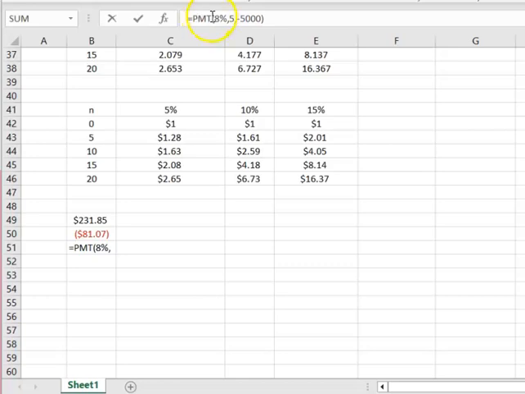So payment, the interest rate 8%, NPER 5, and the amount of money you invested at the beginning is 5,000. So we are going to see how much this machine should save for us for the following 5 years to make it a worthwhile investment.